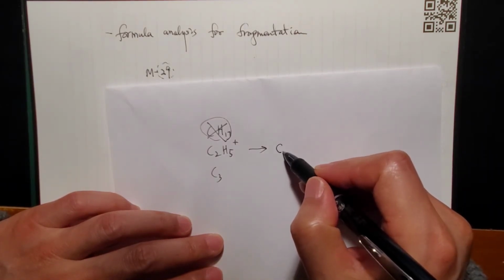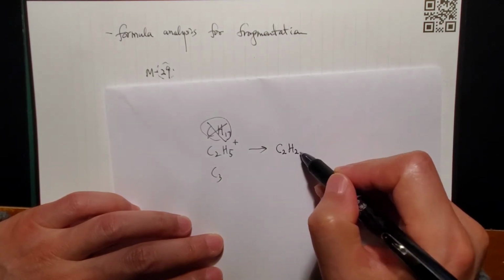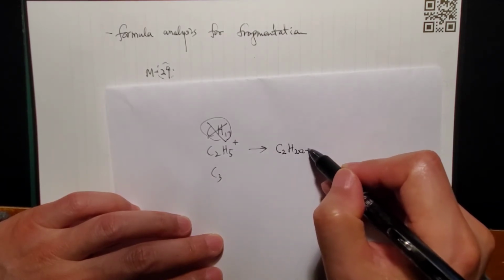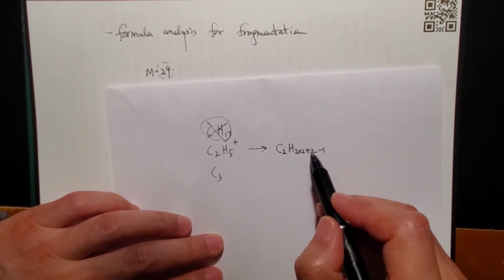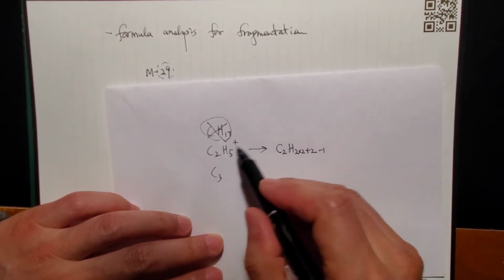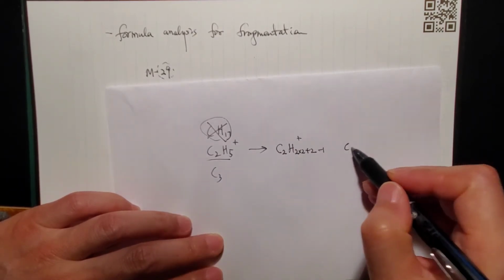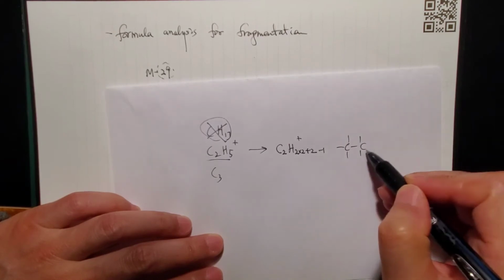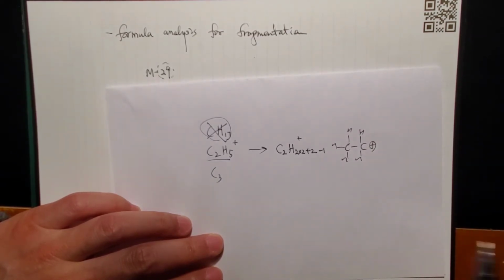Therefore, CnH2n+2, so 2 times 2 plus 2 is 6, but it's positive, so minus 1, that's 5. So perfect. This is the regular alkane with the maximum hydrogen.